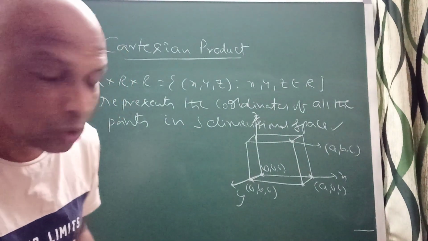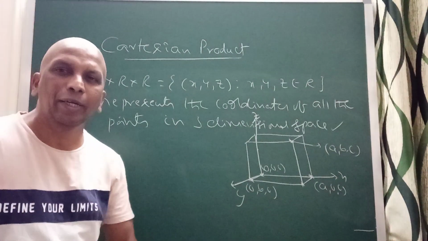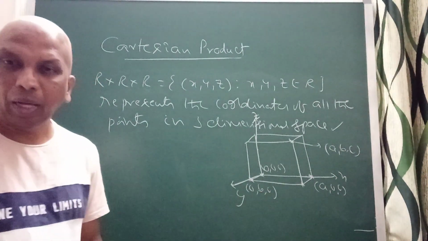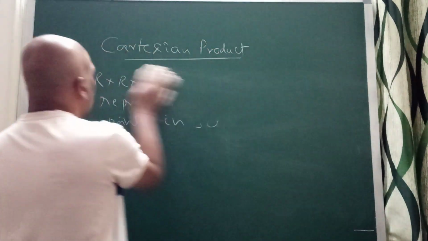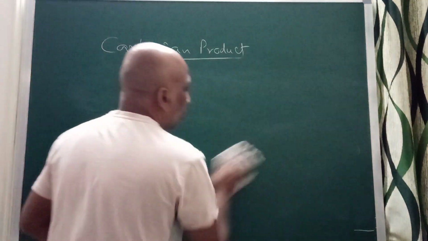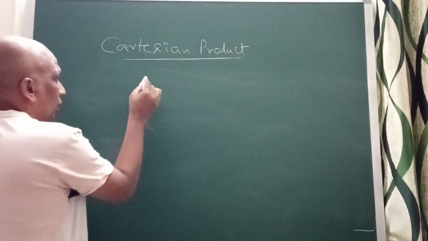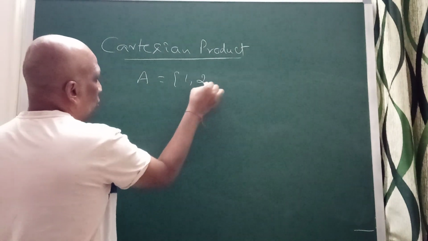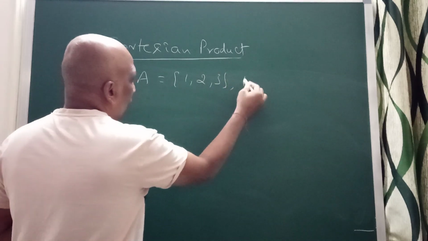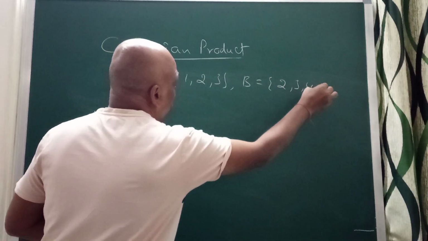Now I can also discuss one more point here. After that, I will discuss the problems in 5.1. Whenever you are finding a cross product, suppose you take A equal to 1, 2, 3 and B equal to 2, 3, 4, 5.